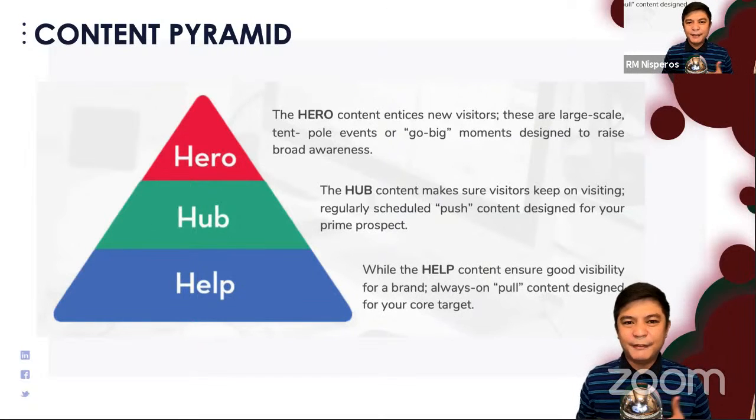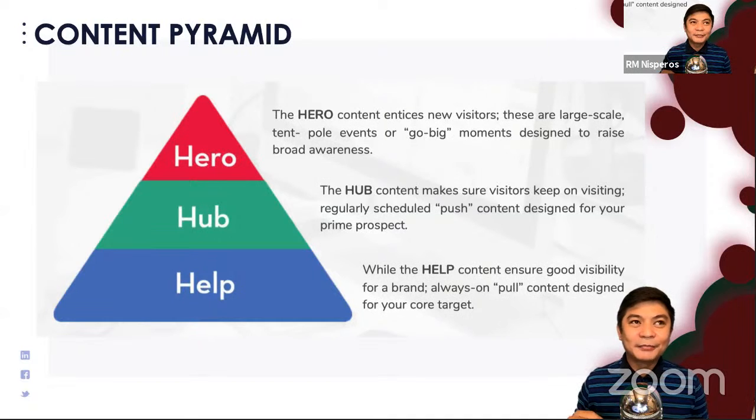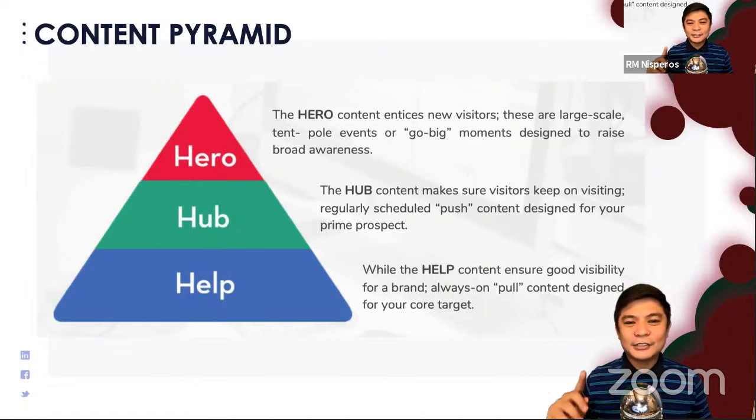This could be events, a paid promotion, or production-level content. So that's a hero. Usually for every marketing plan, hero is just one thing, once every year or once every 3 years. It's a one-off thing because it's too costly. So these are the go-big moments.